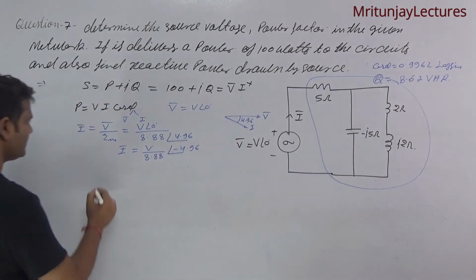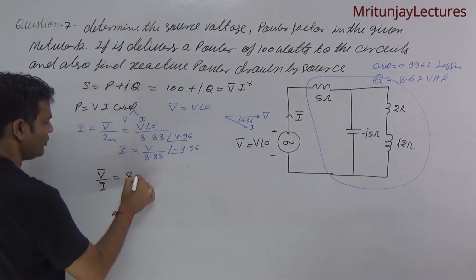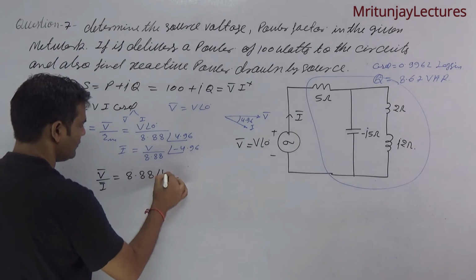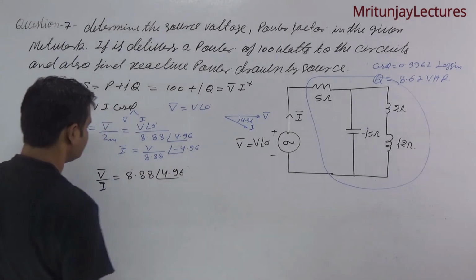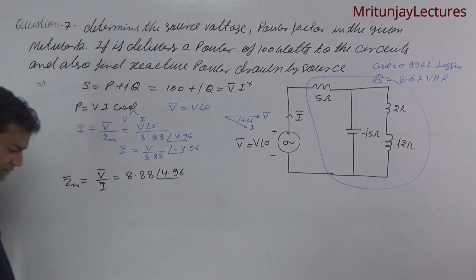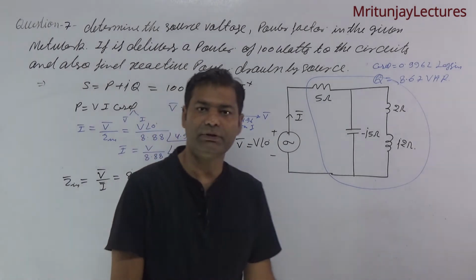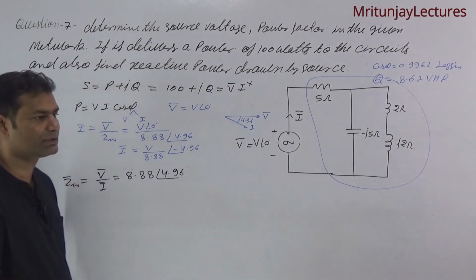I know that V divided by I, we got 8.88 at the angle 4.96. That is impedance, that is Z input. If you got I or if you got V, then we got the answer. Okay, clear or not?